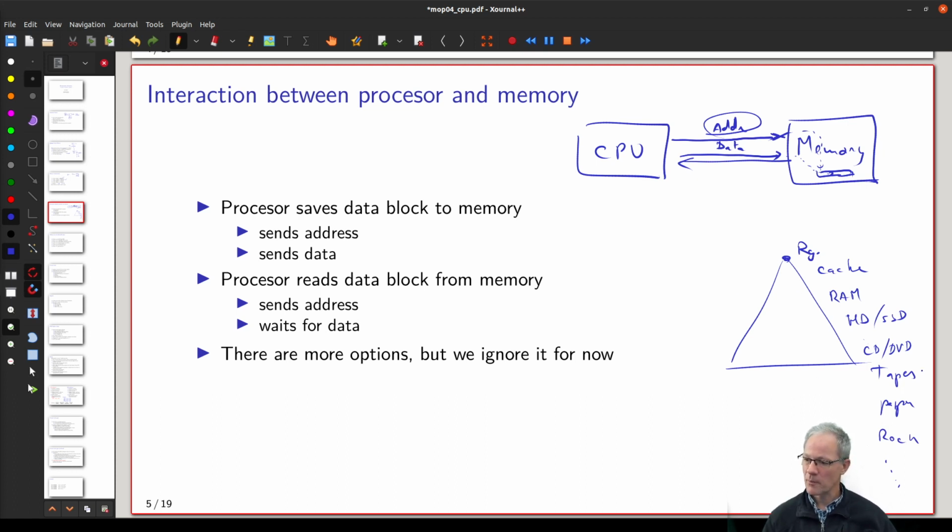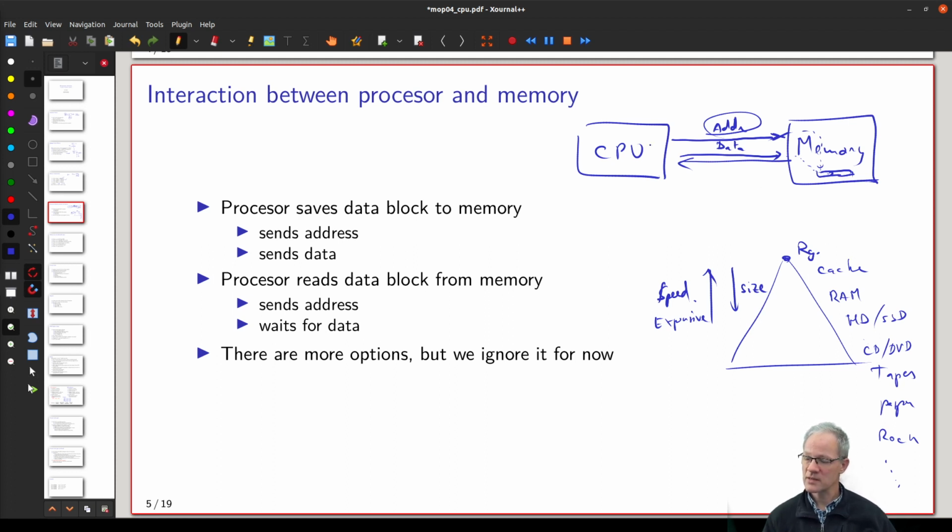But usually, up to a point, this architecture means that the higher we go, the faster the memory works, but also the more expensive it is. The lower you go, the more size you have for the same cost, or on the same area, or in the same volume, so to say.